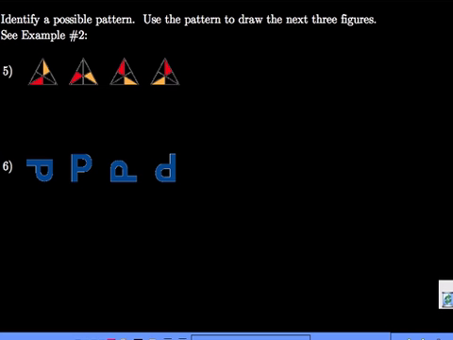For problems 5 and 6, we have visual patterns that we have to follow. So with problem 5, I have triangles. So I know that my next three will be triangles. That's pretty simple. And I just simply look at my diagram and I notice that every one of them looks the same as far as the lines cutting through.